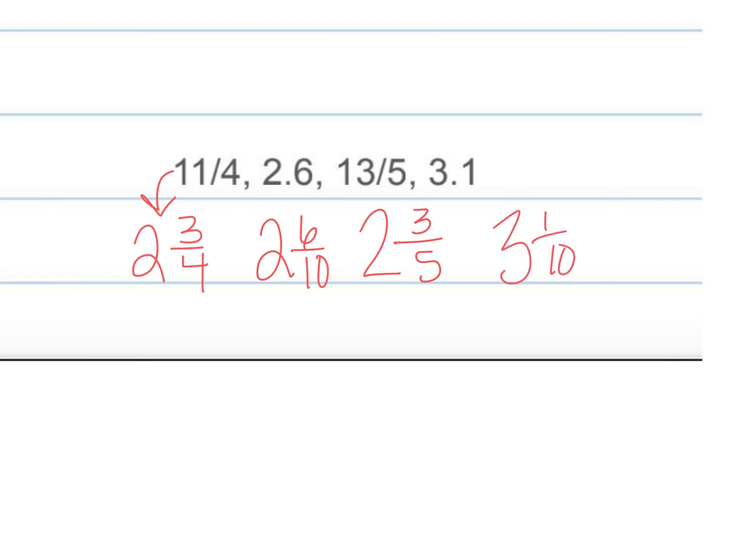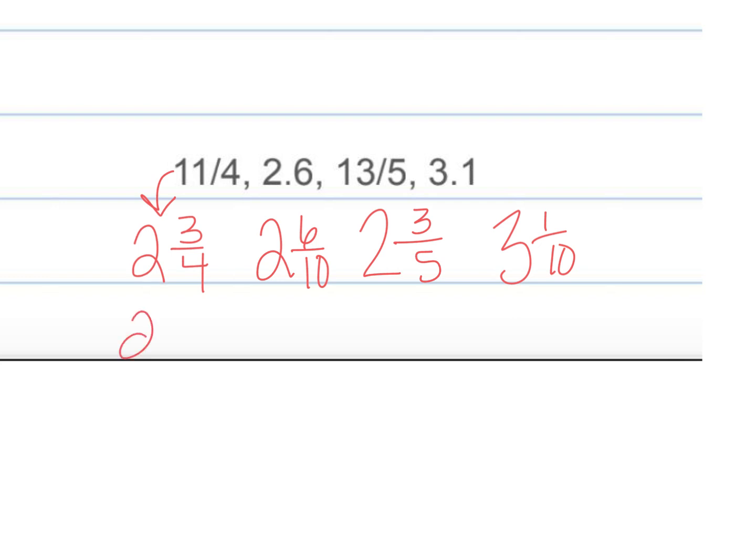So 11/4, 4 goes into 11 2 times, because 4 times 2 is 8, with 3 left over, so we'd have 2 3/4. 2 6/10 is going to be 2 6/10. 13/5, 5 goes into 13 2 times, so 2 and then 3 left over, so 2 3/5, and then 3 1/10 is 3 1/10. So now what we can do is change these into decimals, I would say.